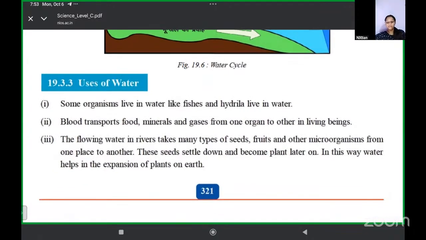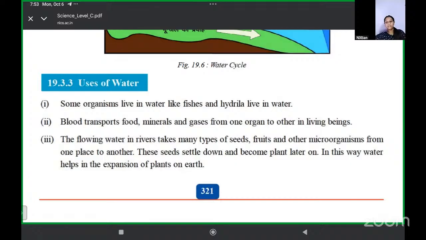Now, some organisms live in water, like fishes and hydrilla. Various types of fish, various types of other animals, organisms, they all live in water. Some plants also live inside the water. Then blood transports food, materials, minerals, and gases from one organ to another in living beings.